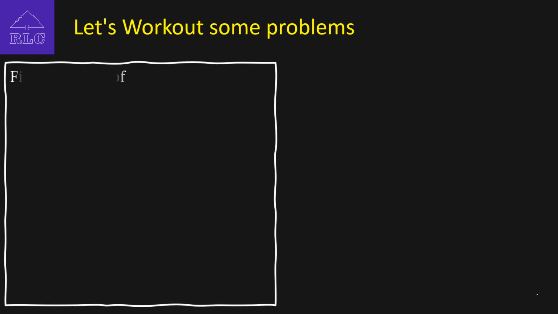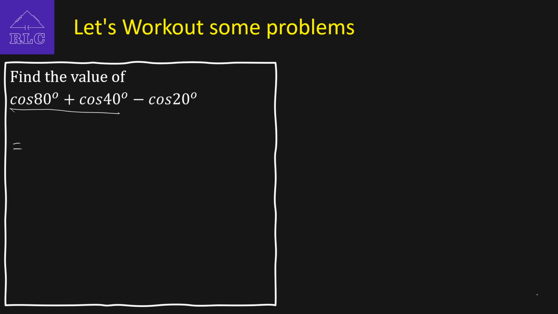Let us work out some more problems on this. We have the question cos 80 degrees plus cos 40 degrees minus cos 20 degrees. First let us take the first two terms and evaluate them. C plus C is 2CC, that means cos C plus cos D equals 2 cos((C+D)/2) cos((C−D)/2).